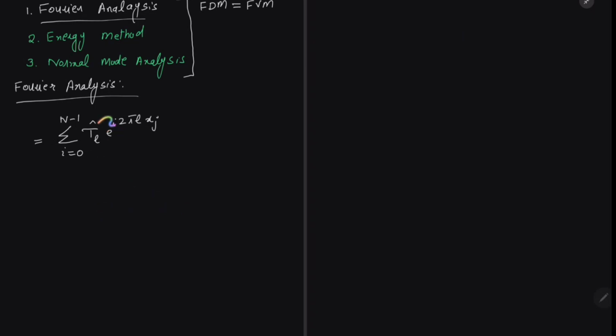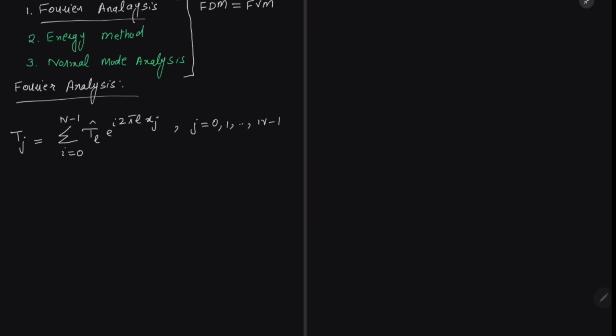Here we are calling that t hat. Then we have iota, which is a complex number. Xj is the discrete version of the continuous variable x. And on the left hand side we have tj, and j will be equal to 0, 1, up to n minus 1.